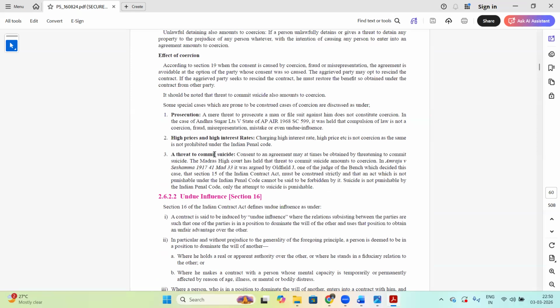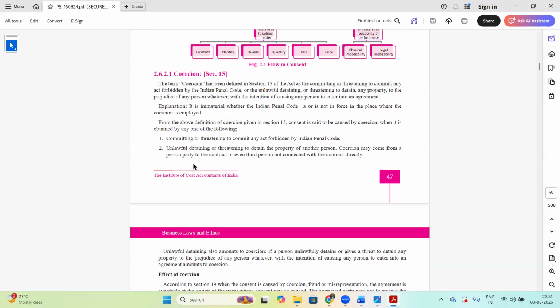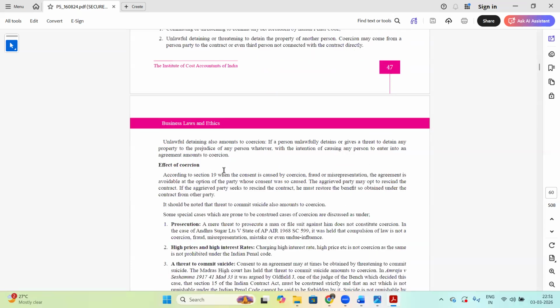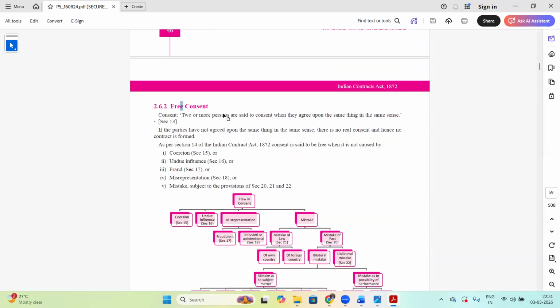A father asks his son to enter into a contract which is not in the best interest of the son. That is a classic example of undue influence, using one's influence for wrongful gain. Whereas, where a party is forced against their will to do something they are not interested in, it is coercion. Coercion versus undue influence, free consent.